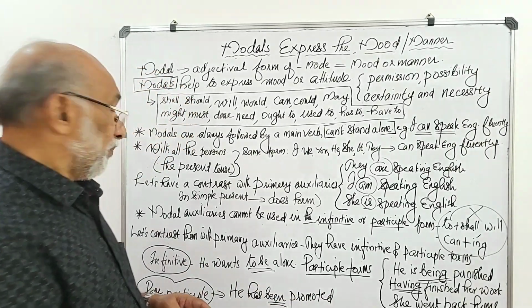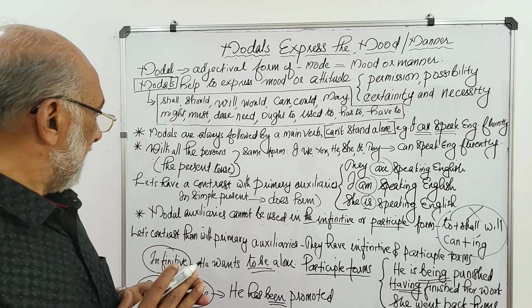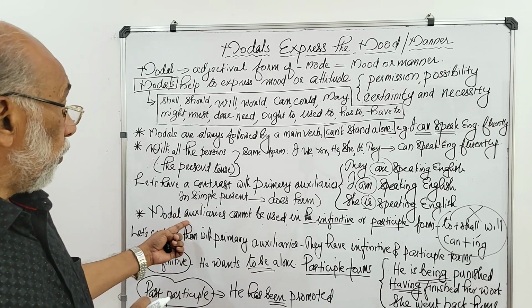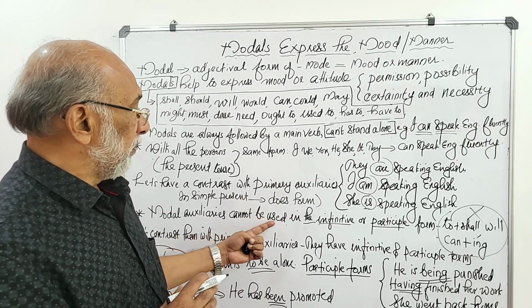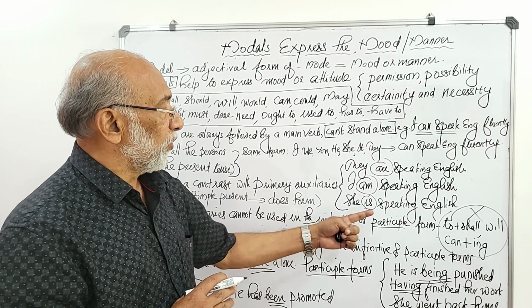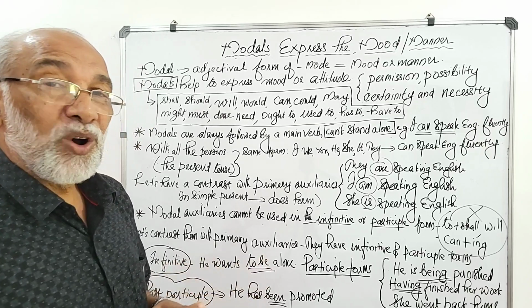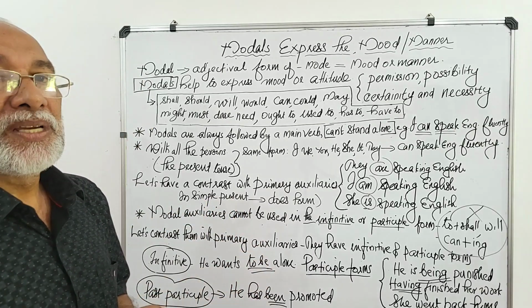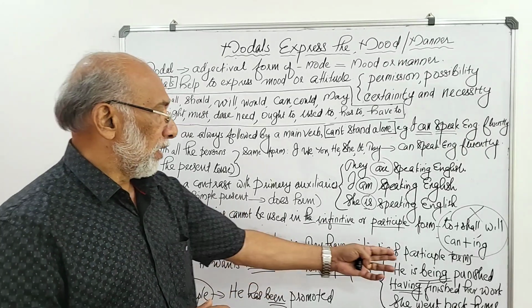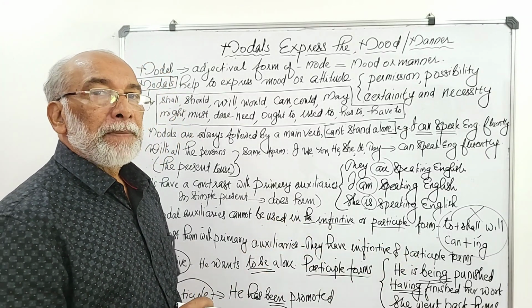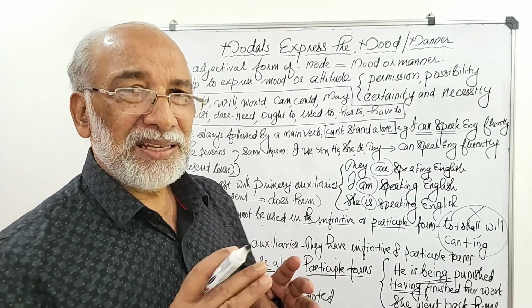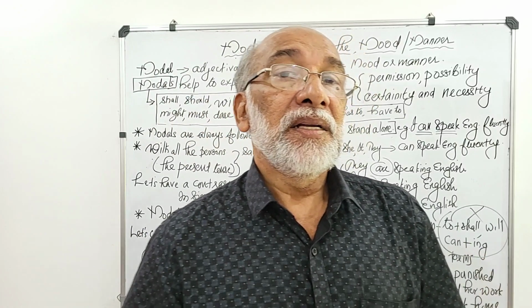So I hope the idea is very clear. The thing is that modal auxiliaries cannot be used in the infinitive or participle form, whereas primary auxiliaries can be used in the infinitive and participle form.